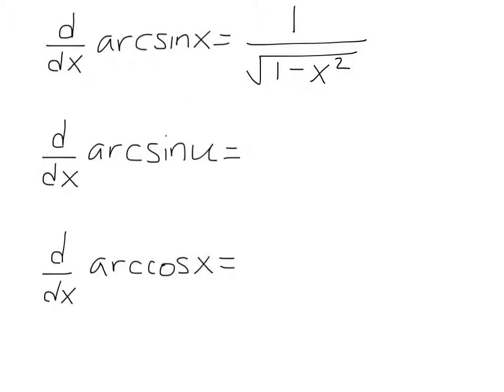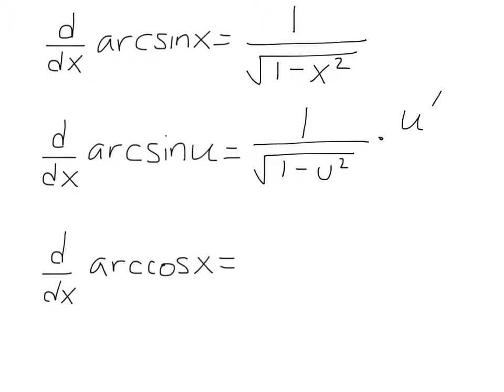Arcsine of u, I'm not going to list all of these rules with both chain rule and without chain rule, but I will do it for just arcsine, and hopefully by this point you can apply chain rule on your own, or if you want to put the chain rule in your notes, you can do so at this time. So arcsine of u, well, I just need the chain rule, so it's going to be 1 over the square root of 1 minus u squared, the derivative rule normally, and then chain rule says I have to then just tack on or multiply by u's derivative.